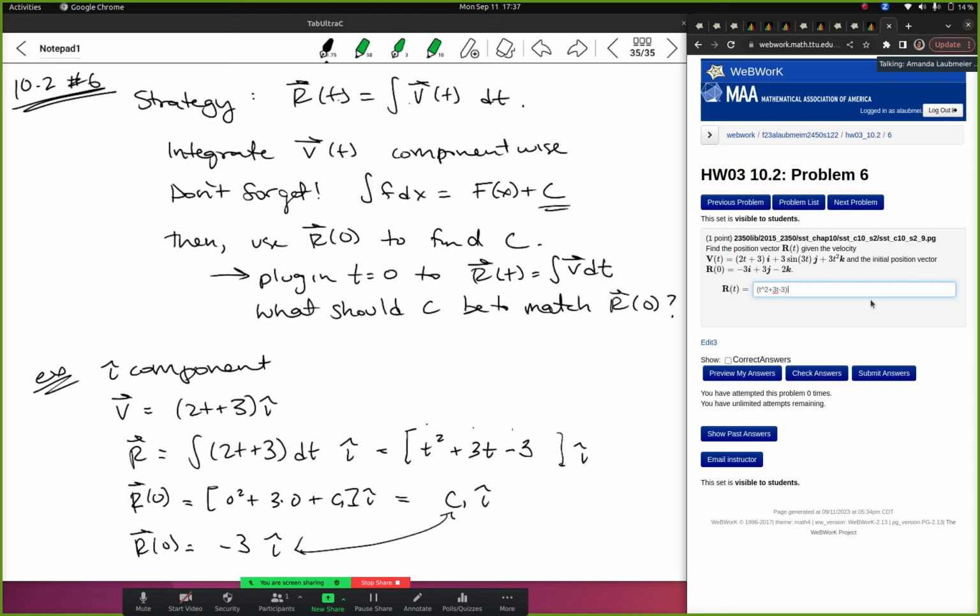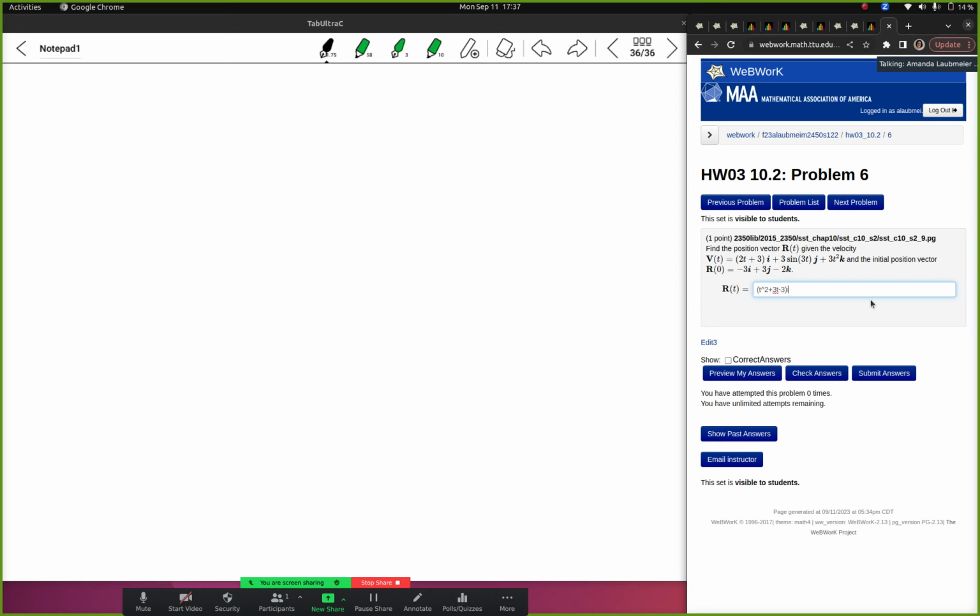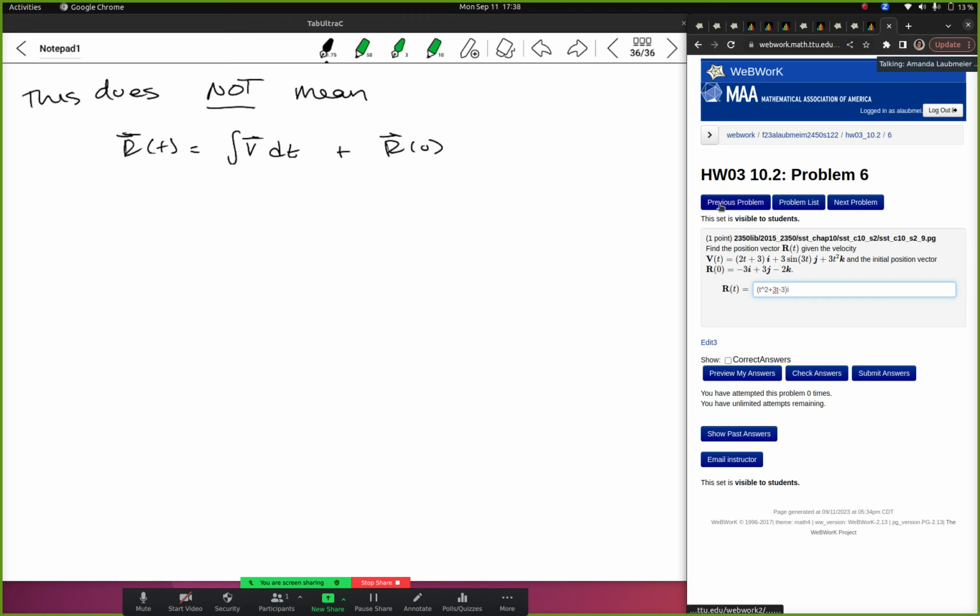A problem that I was seeing on this one is that, oops, that's not how you spell does. So something that I was seeing people do is maybe after the first time, or just by randomly trying things in WebWork, you would think that the solution is to take the integral of v and then add on whatever r of 0 is.